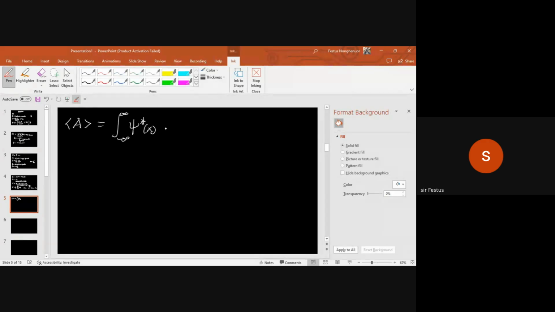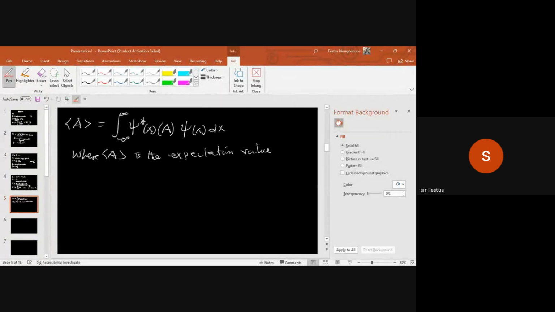Then we have our operator being sandwiched between the functions, so this would be psi star of x, then A, then psi of x dx. Where this is our expectation value, in other words, your mean value or average value.